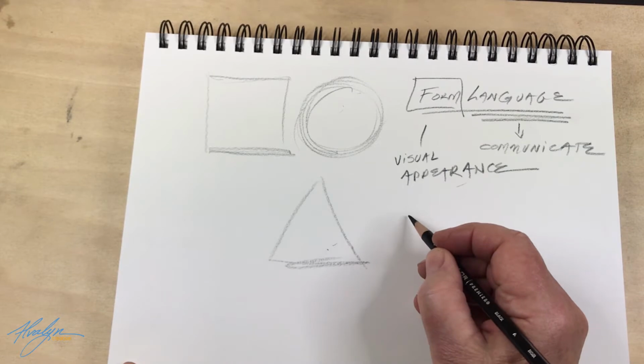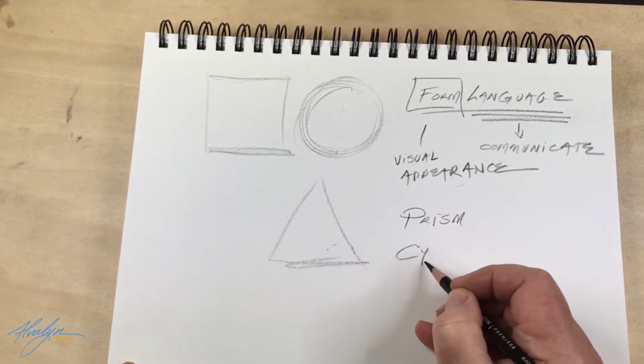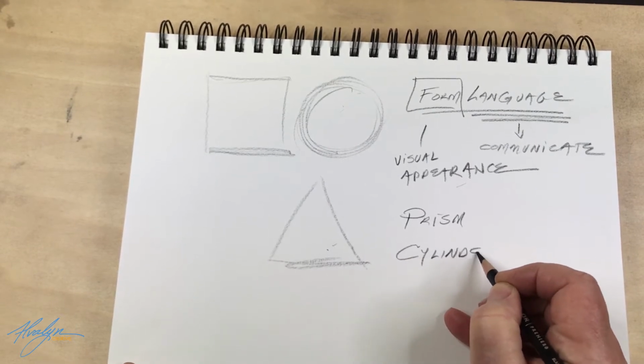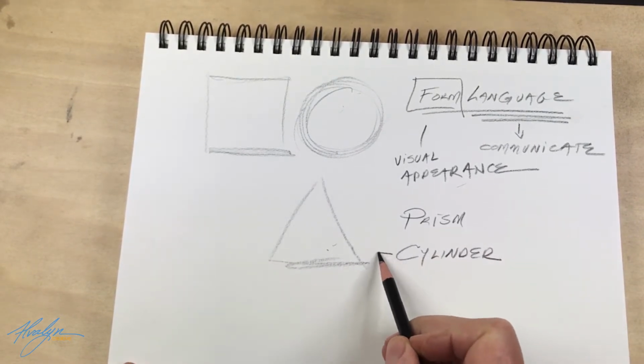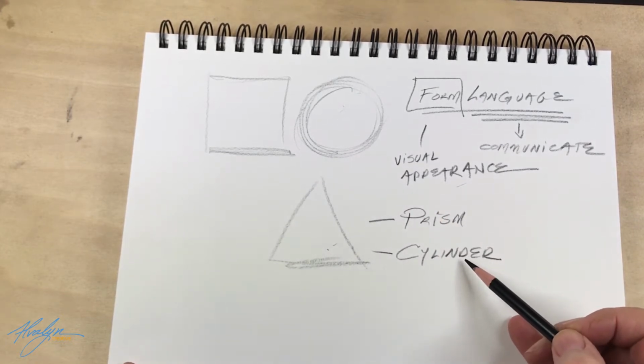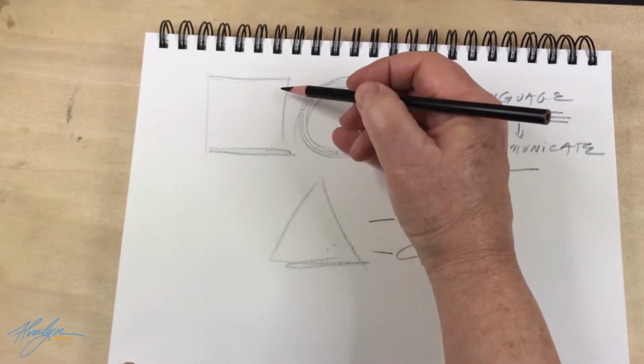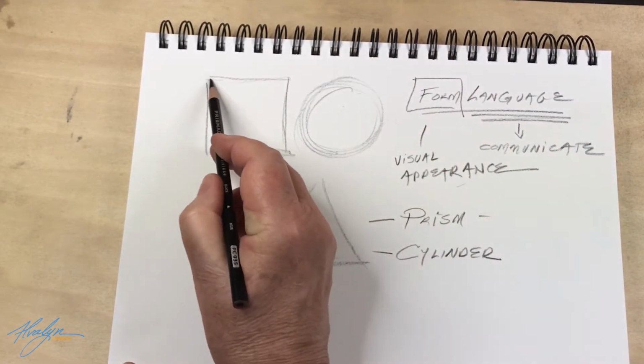So prisms and cylinders are a separate but very related category. So prisms have edges and faces.